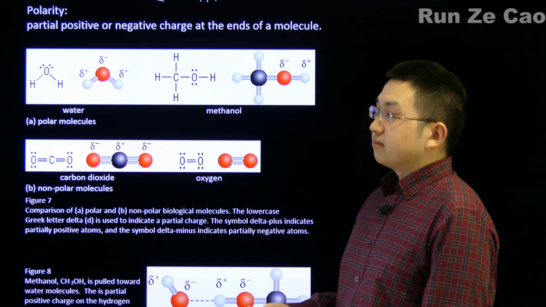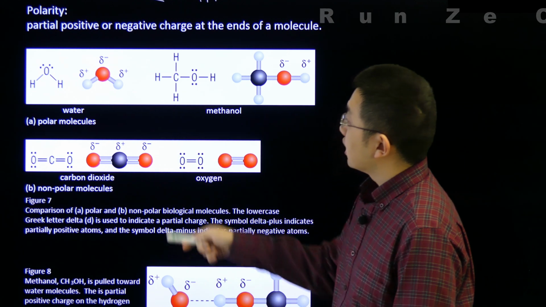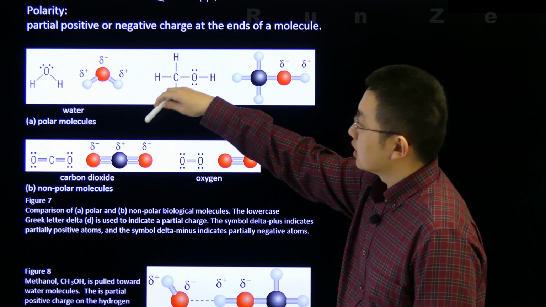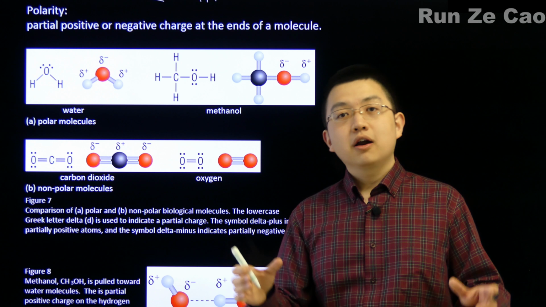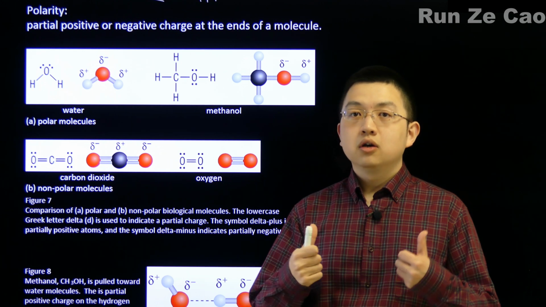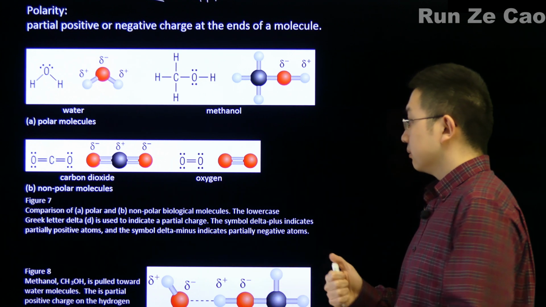It's symmetric, and very importantly, there isn't enough space in the middle for, say, another partial negative to insert in, and both the neighboring parts are partial positive. No, that doesn't happen with carbon dioxide.